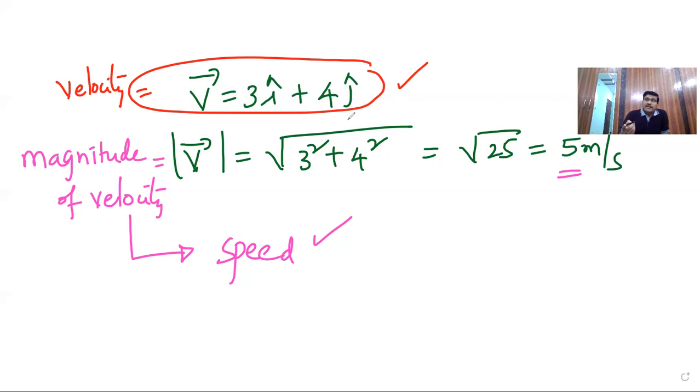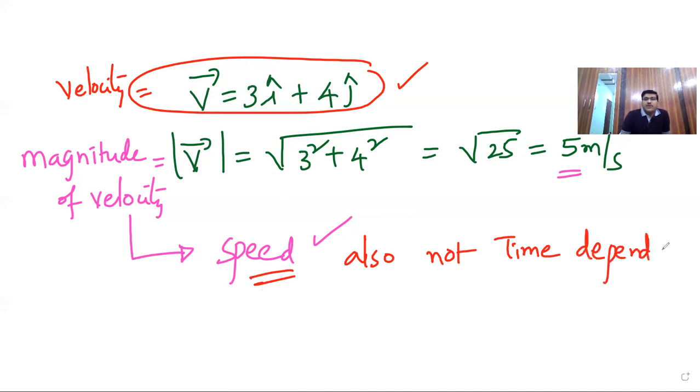There is no time at all. So it is independent of time. Magnitude of velocity itself is speed. Speed is also not time dependent, because there is no time term in this expression.